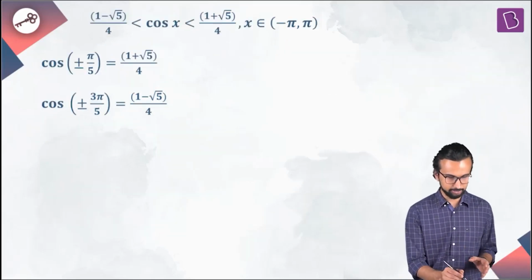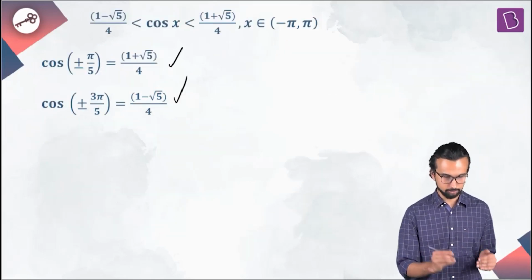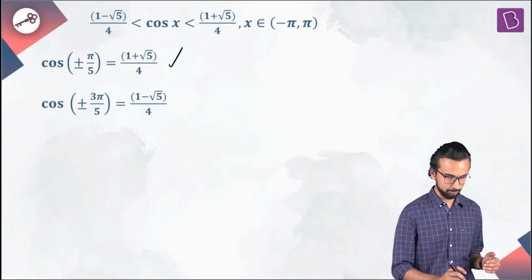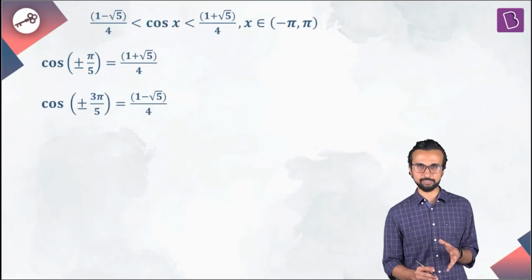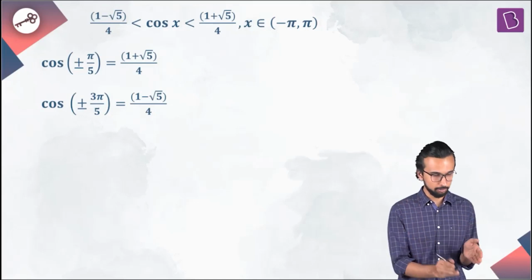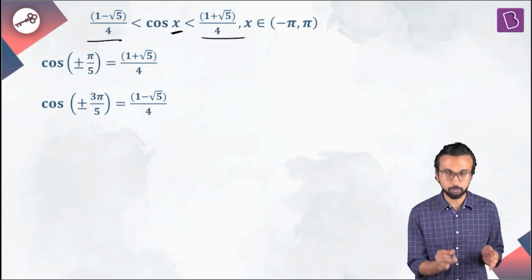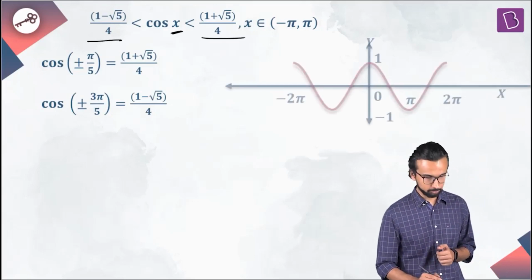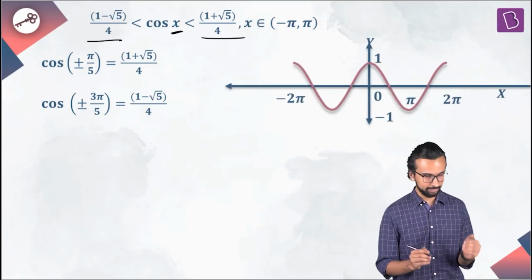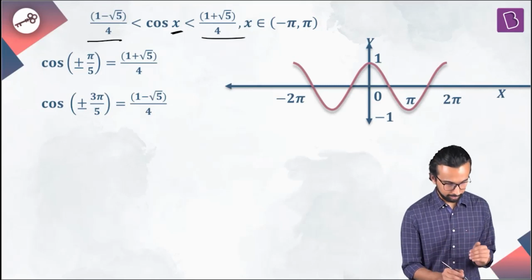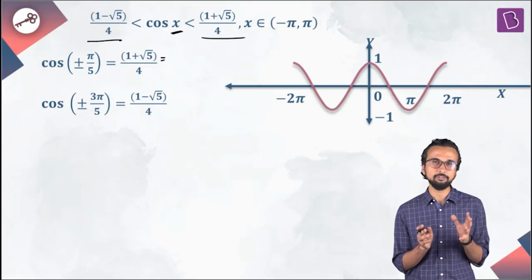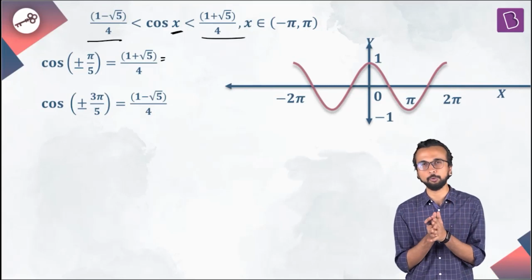We have this inequation here and we got these two things just now. Let's draw the graph of cos x and find what values of x give cos x between these two values. So I draw the graph of cos x and then find out what root 5 is. Root 5 is roughly 2.2 something.